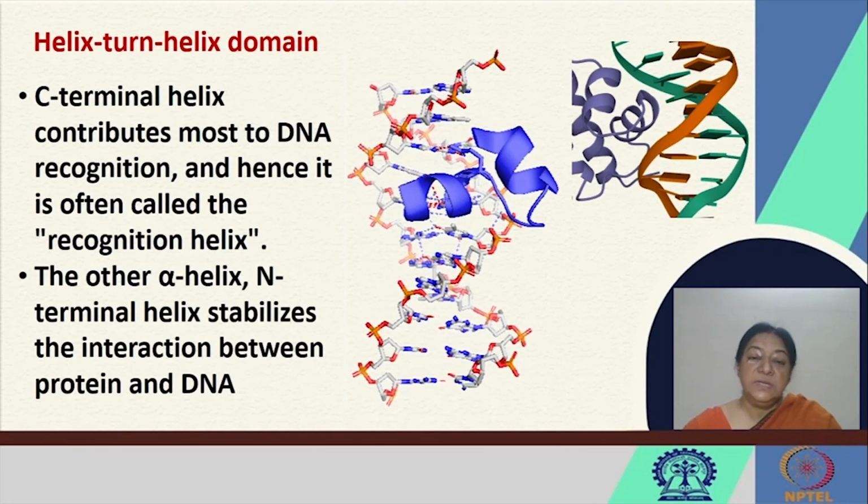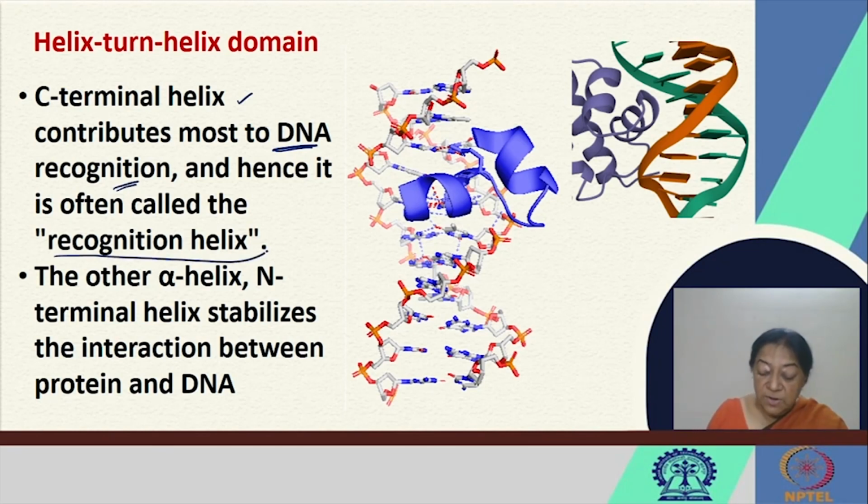The C terminus of the helix, so there are two helices. We saw that the two helices are connected by a turn. The C terminal helix in this case contributes most to DNA recognition. Because of this, the C terminal helix is often referred to as the recognition helix.